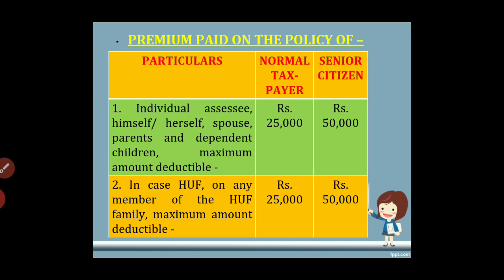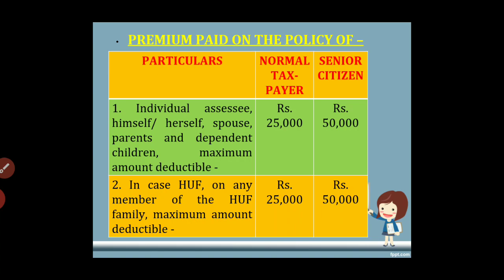Right? Okay. Next one. Number 1, individual assessee. If an individual assessee pays the premium for himself or herself, for the spouse, parents and dependent children, the maximum amount deductible in case of a normal taxpayer, that means not a senior citizen, is rupees 25,000.